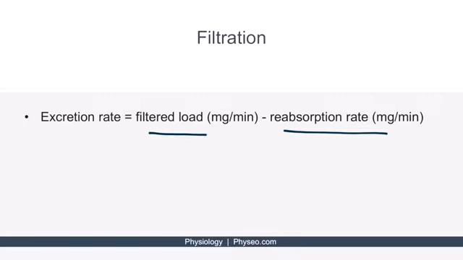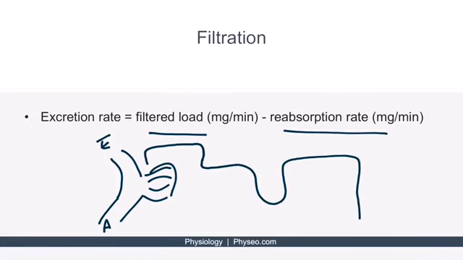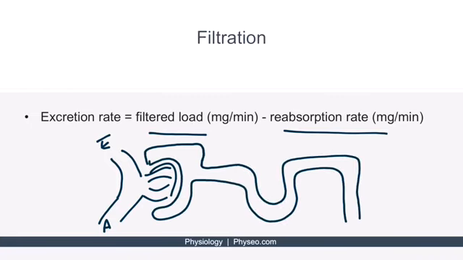Again, here are the afferent and the efferent arterioles. This is the glomerulus and Bowman's space, the remaining portions of the nephron. Substances moving from the glomerular capillaries to Bowman's space is called filtered load, or filtration.